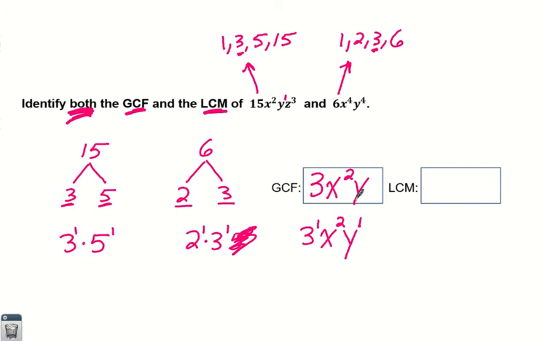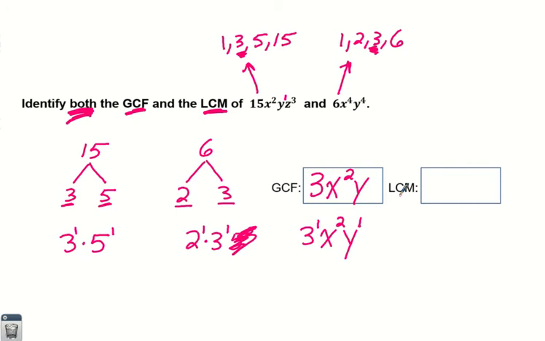So like we already saw, whether doing it in your head or from listing all the factors and then comparing the two lists, or doing this prime factor tree business, you can see that the GCF is 3x squared y.